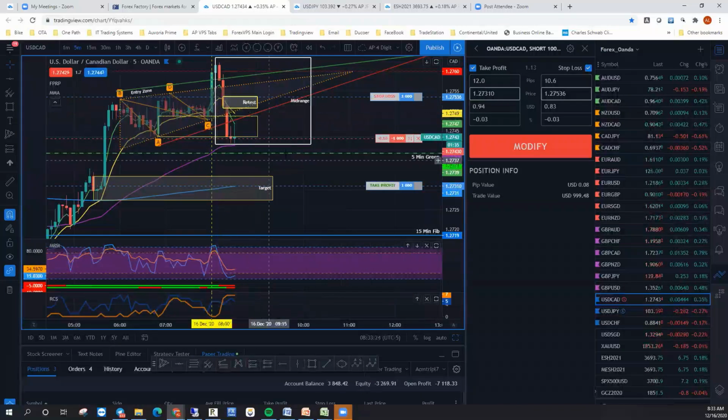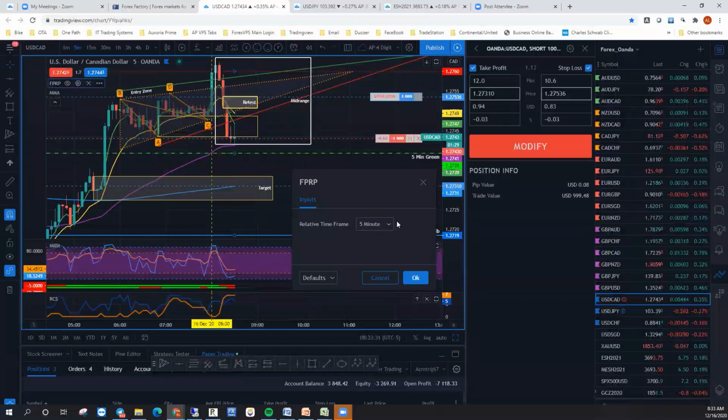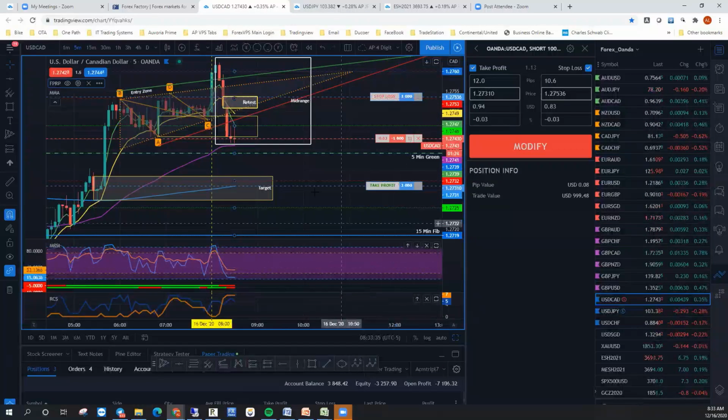And then in between the blue and the green one, we should have 3 2-minute lines. And these are the 7 pip ranges that it is trading in. Looking for this to be the target area.